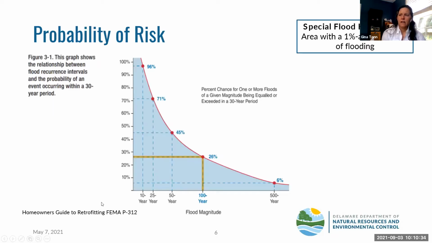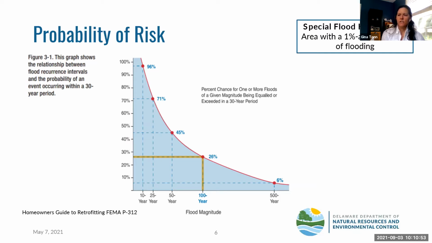So this chart I like to show because I think it helps people think about the 100-year floodplain or the 1% annual chance flood zone, which again is that special flood hazard area where mandatory flood insurance purchase requirement exists.